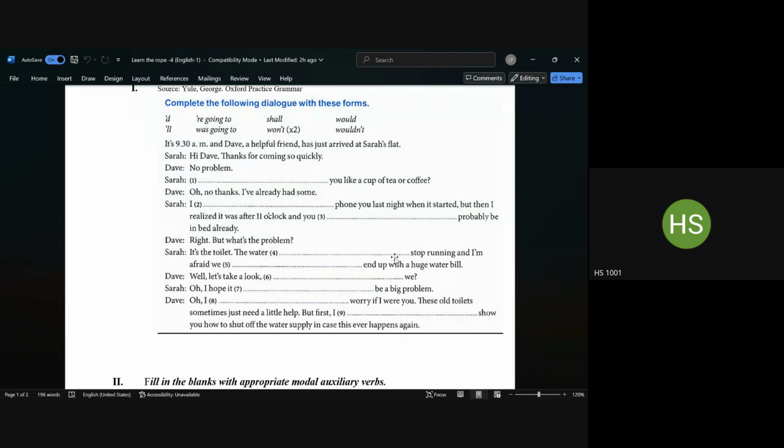Sarah: It's the toilet. The water won't stop running, and I'm afraid we dash end up with a huge water bill. What would you use?